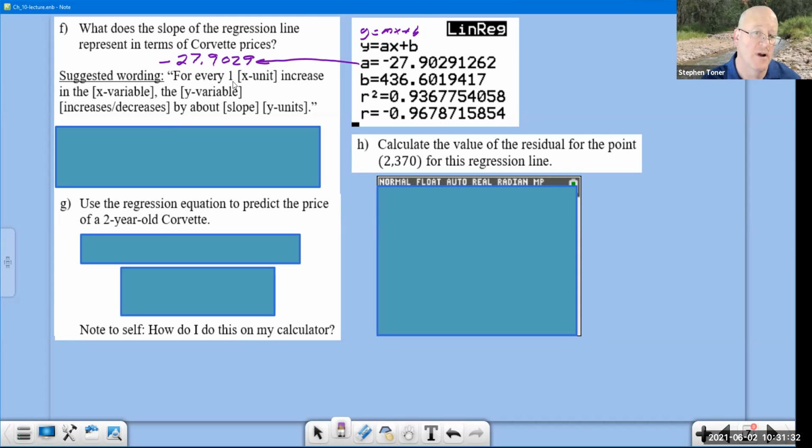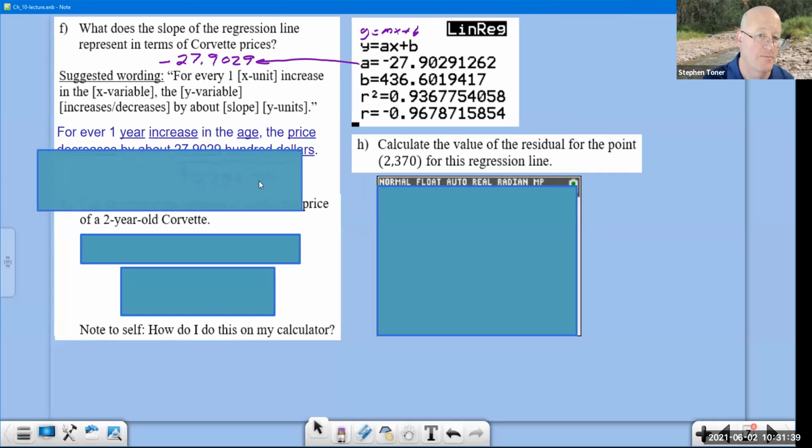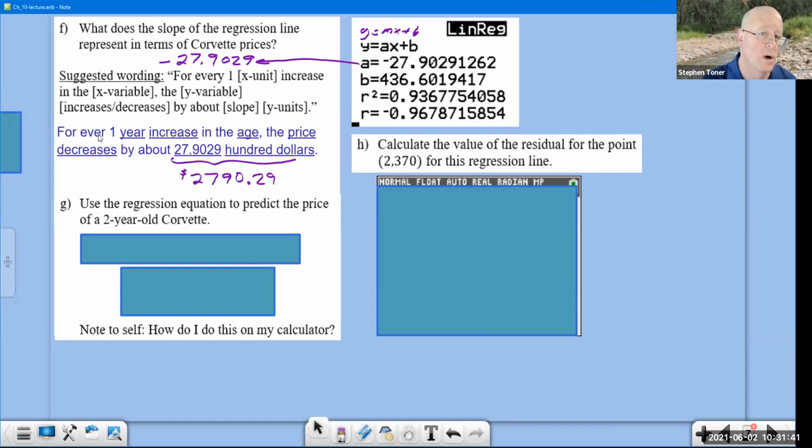So I've said, for every 1 x unit increase in the x variable. Well, let's take a look here. For every 1 x unit, my x unit was the years old the Corvettes were. Increase is a default word in the x variable, the age. The y variable, that's the price, decreases.